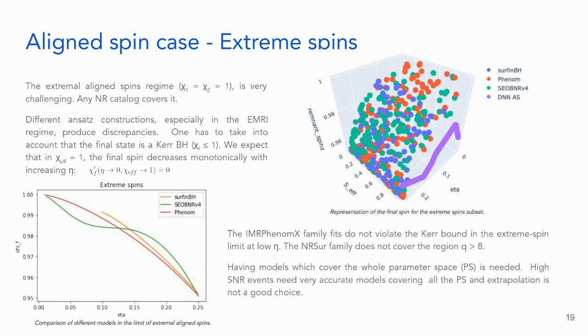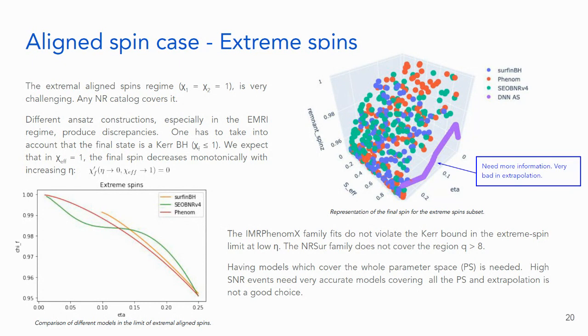So IMRPhenomX assumes that the final black hole is a Kerr black hole, and it decreases monotonically. And SEOBNR, which is the red one, didn't assume it. And the NR surrogate has the problem that it lacks accuracy. The accuracy is up to Q8, so they don't have information in this regime.